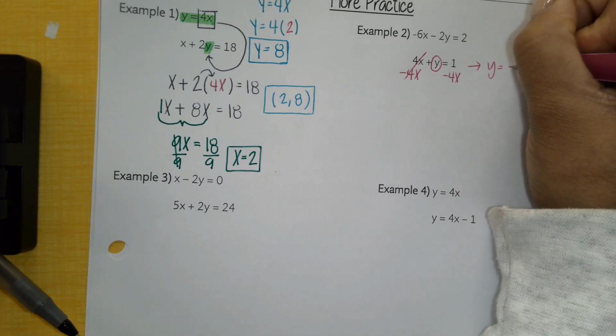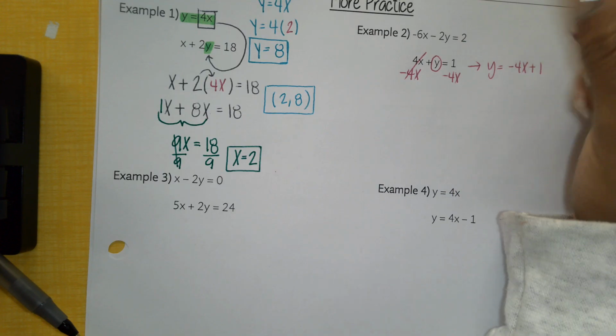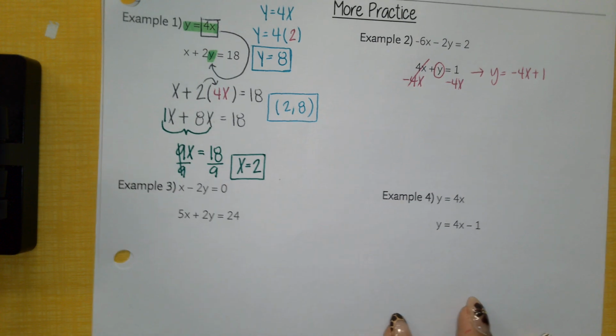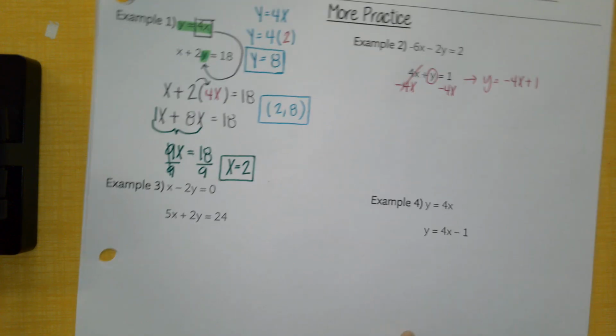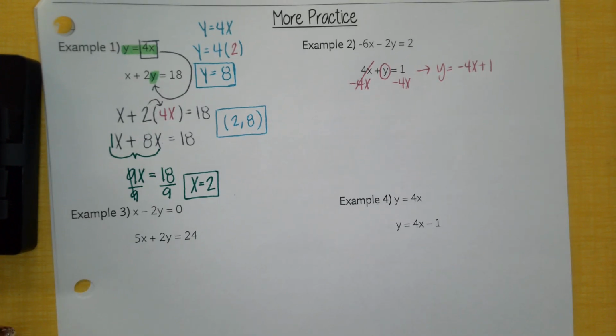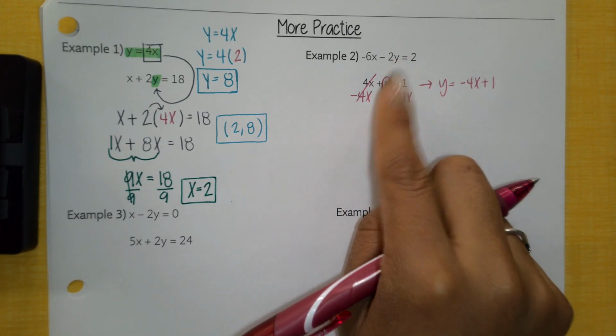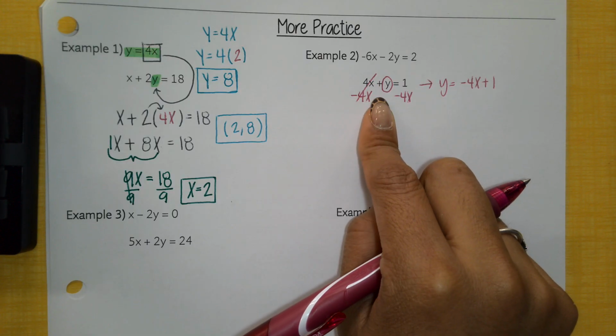So now instead of using the second equation, I rearranged it so I can have a y equals. That's why I told you to pick the one with the variable without any numbers in the front.